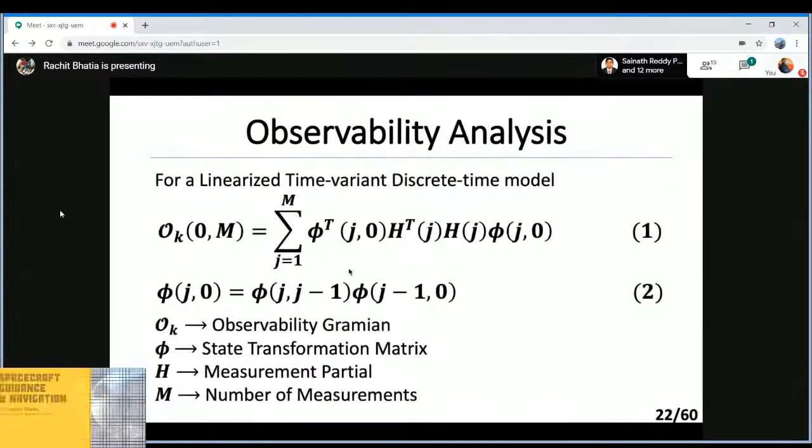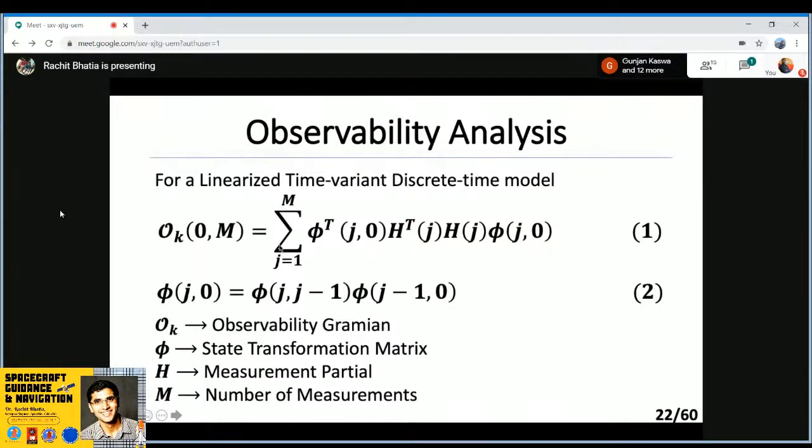So how do you do that? You use the state transition matrix. You still need to formulate that state transition matrix, do some partials, get the measurement partial H, and then use those to compute the observability Gramian for all the m measurements. And this again is a linearized time variant discrete time model.